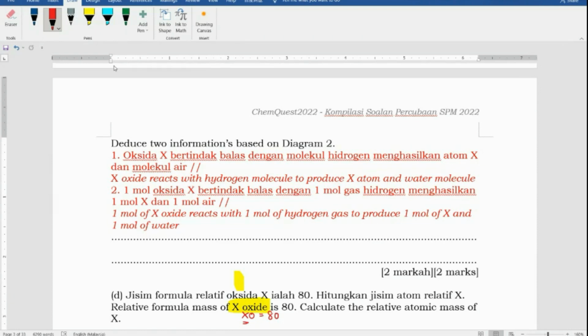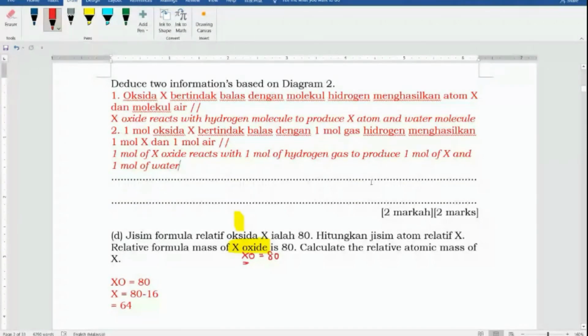Who remembers? What is the Ar for O? 16, teacher. Yes, 16. O is 16. Now, X you want to find plus O which is 16 equals 80.